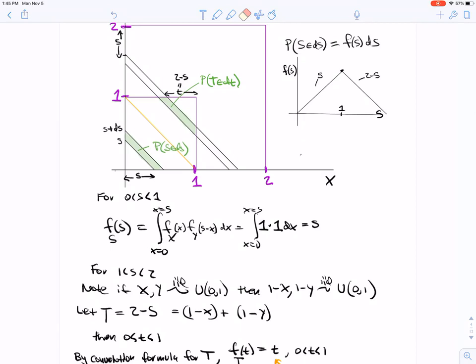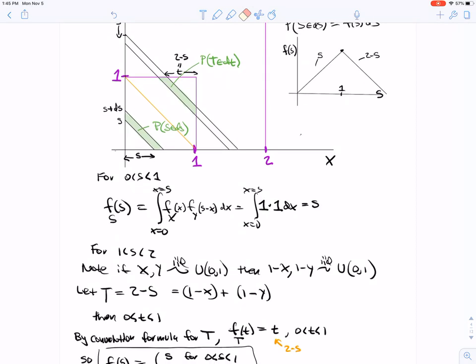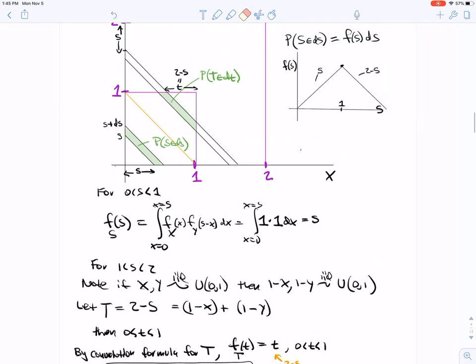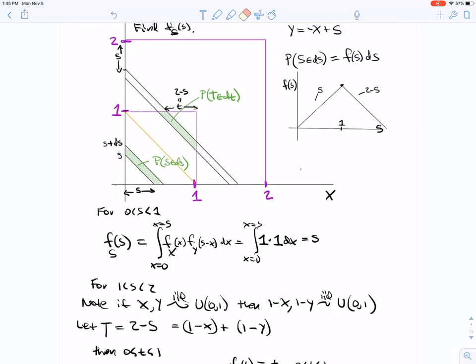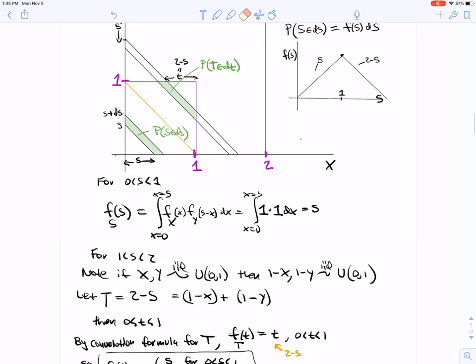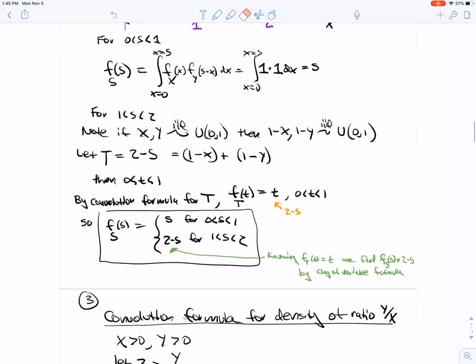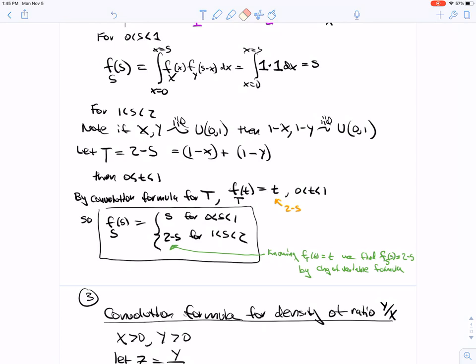For S between 0 and 1, you can just use the convolution formula to see that fS is in fact just S. For S between 1 and 2, note that X and Y being IID uniform 0, 1, then 1 minus X and 1 minus Y are IID uniform 0, 1.